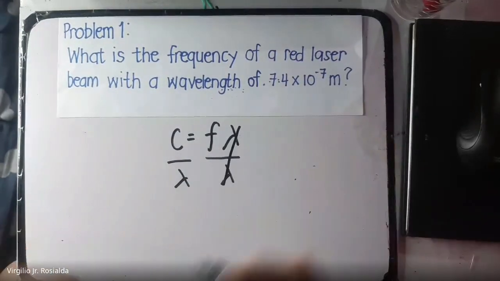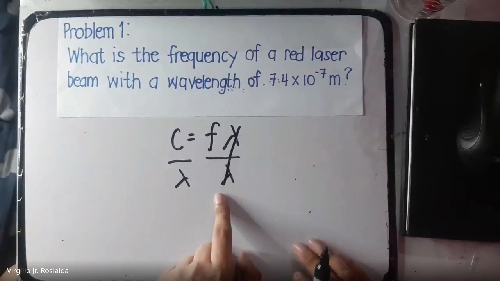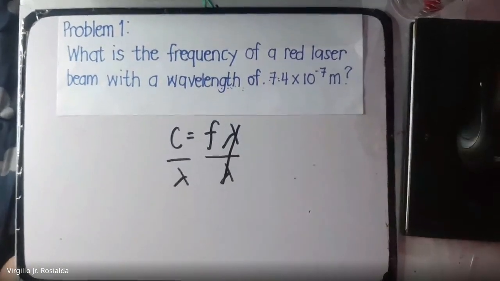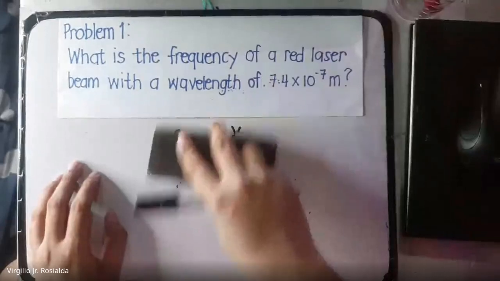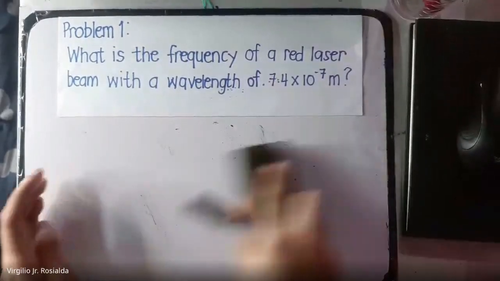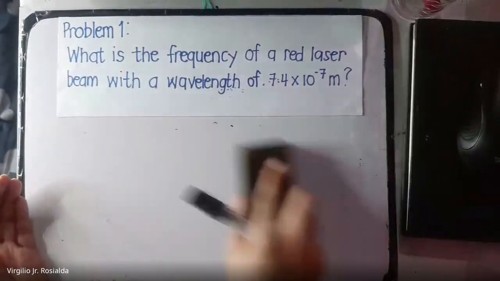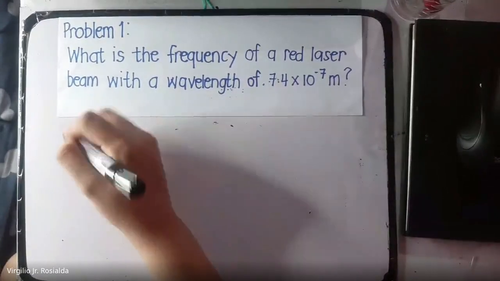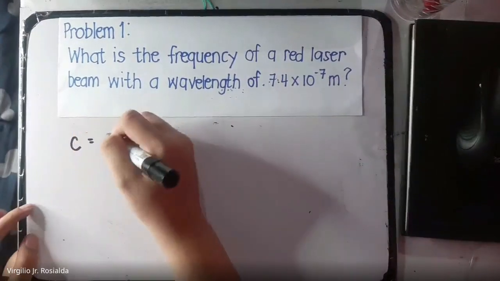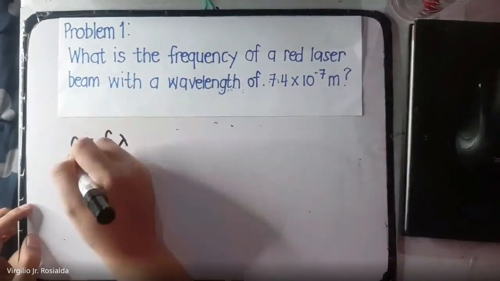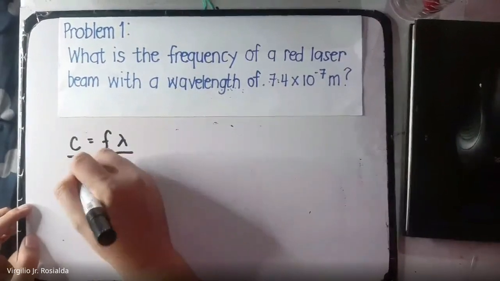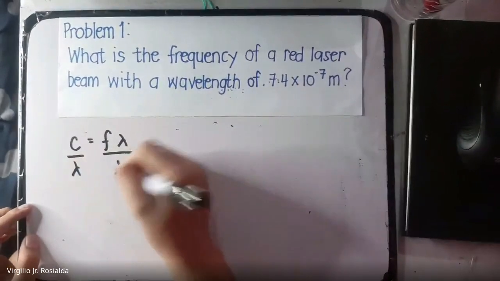So the formula for our frequency will be, since we divide, dito na lang natin siya ilagay, C is equal to F lambda, divide lambda both sides, cancel, cancel.